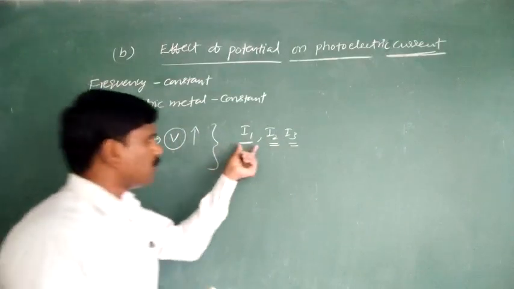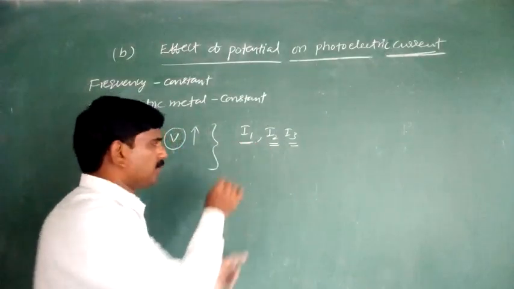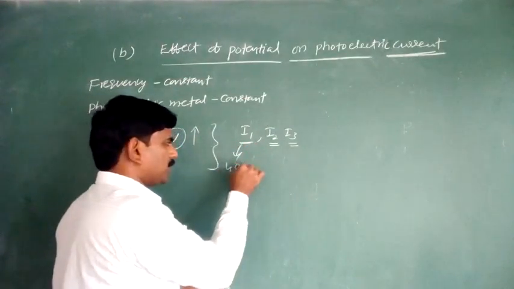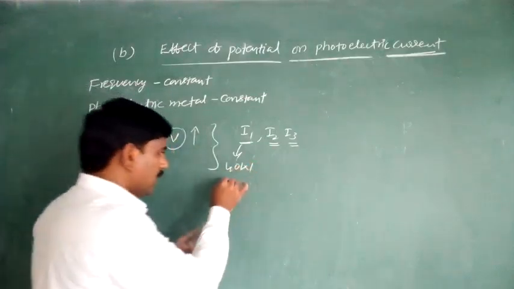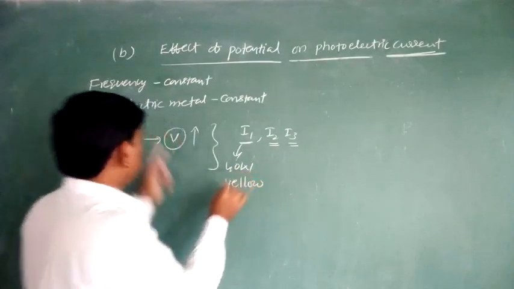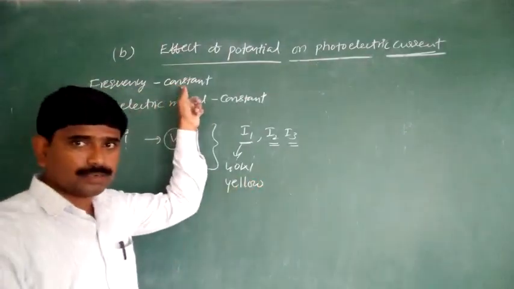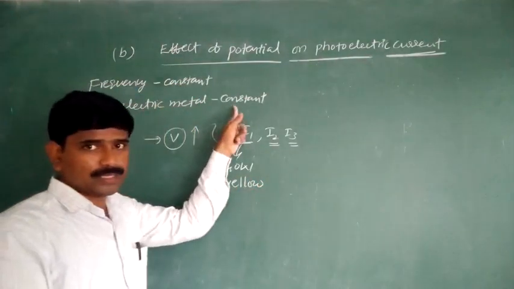First I am using the I1 intensity of the radiation, something like a 40 watts bulb, a 40 watts yellow color bulb. Why? Because the frequency is also kept constant, and the photoelectric metal is kept constant.